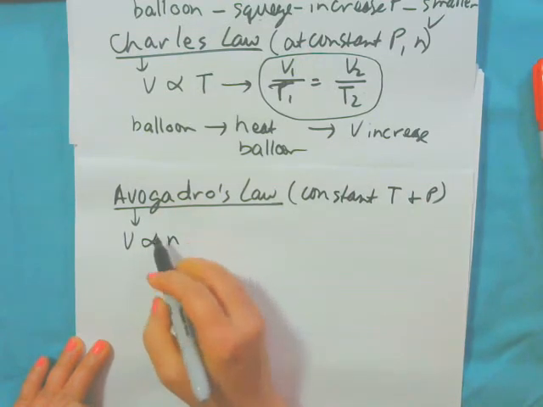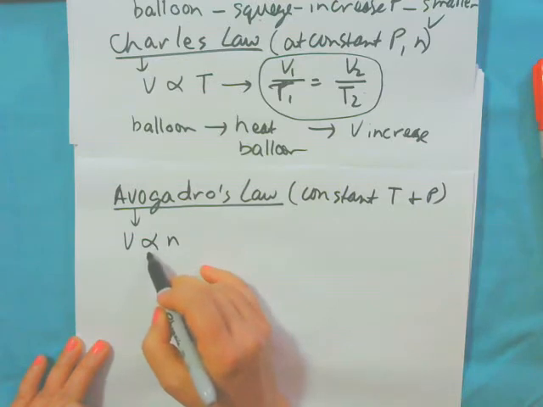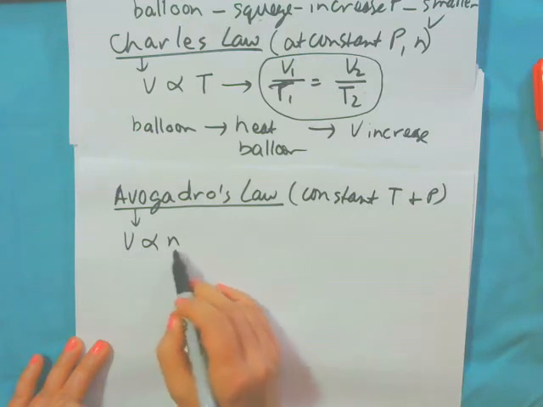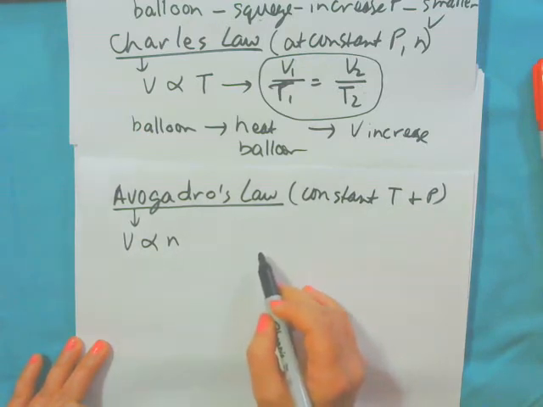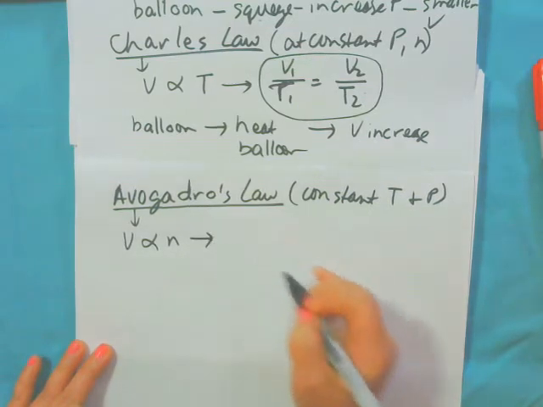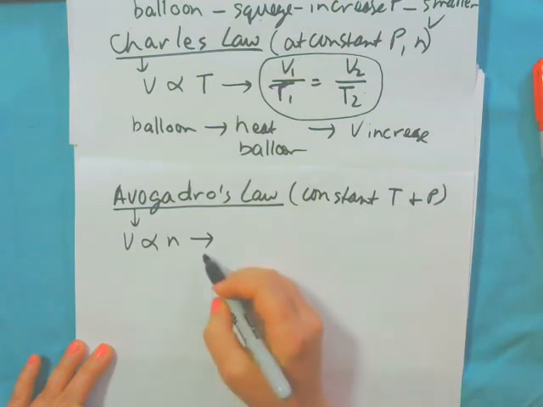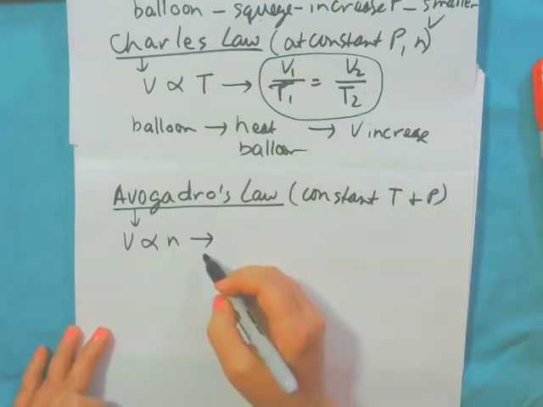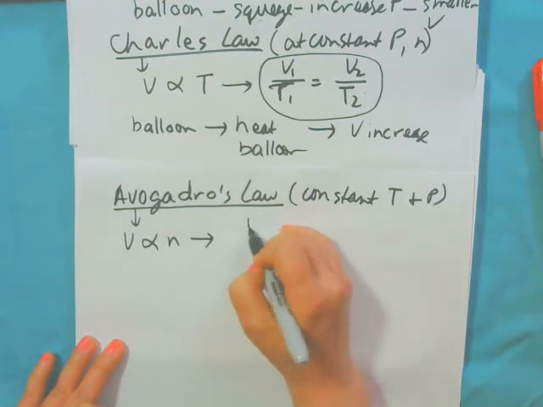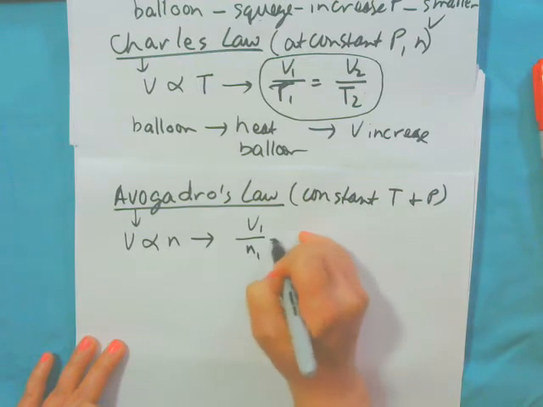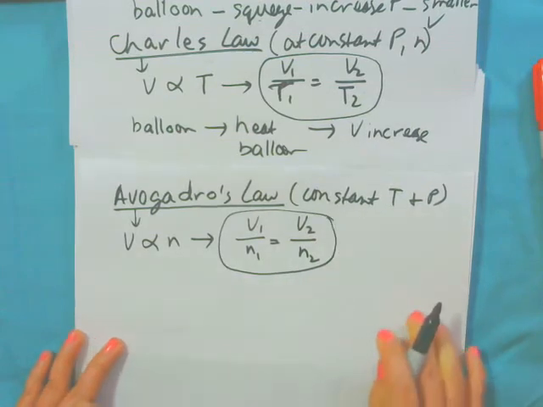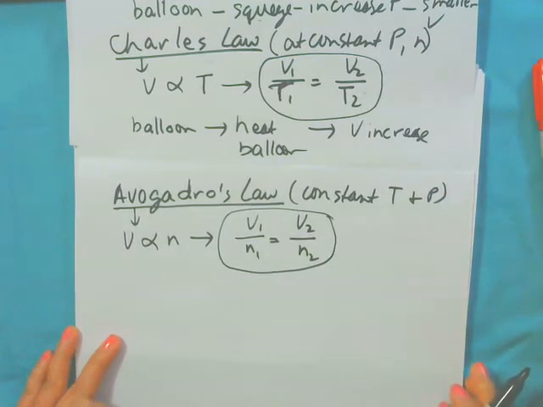That little sideways-looking symbol represents "is proportional to." So volume is directly proportional to the amount of gas you've got, or the number of moles. In terms of our balloon, this would be where you add more gas to your balloon by blowing into it. So for our equation, we would say volume 1 over n1 is equal to volume 2 over n2. So here is a representation of Avogadro's law.